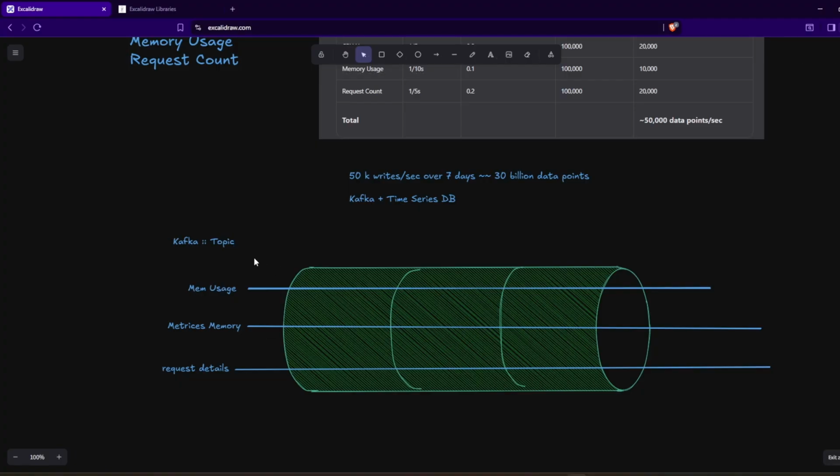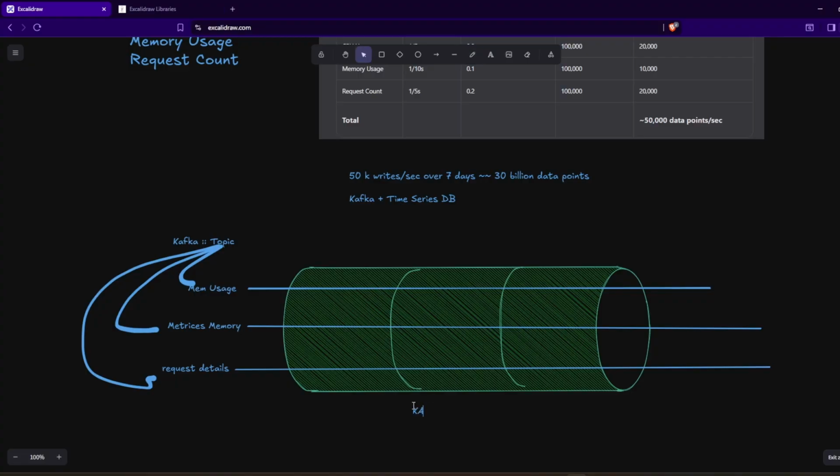Topics in Kafka are something like different pipelines we can use within Kafka only. So this is going to be one topic, this is going to be one topic, and this is going to be another topic. So we write our data into different topics in Kafka.